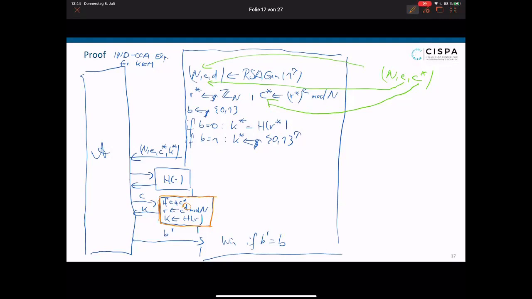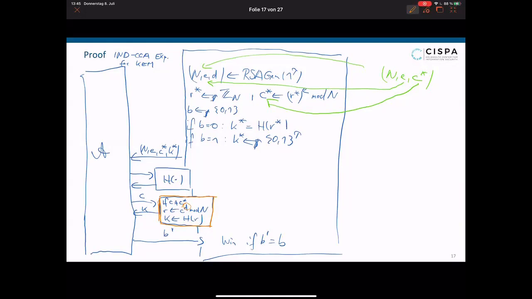Or what property of any of the components that we're using here could be used? I'm claiming that we can simulate this decryption oracle without even knowing D. Someone wrote an idea here which goes in the right direction.